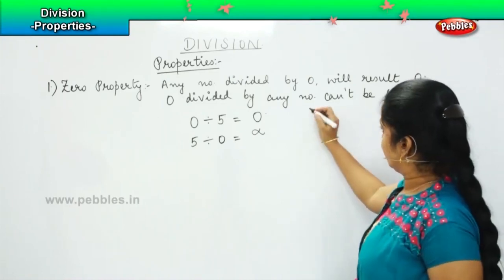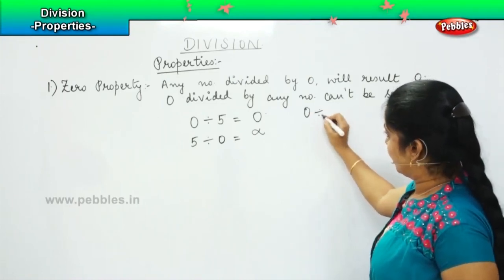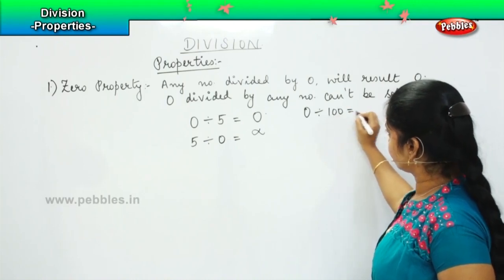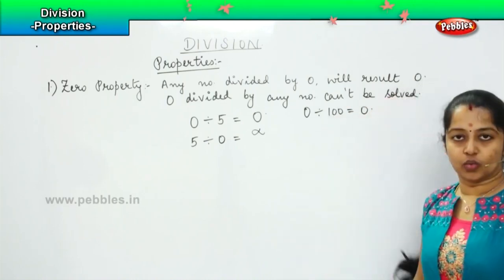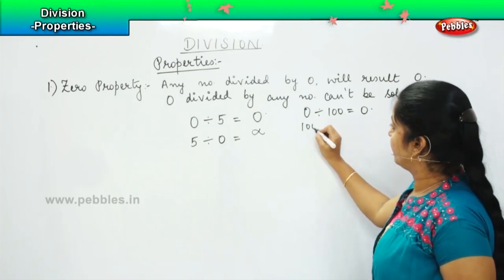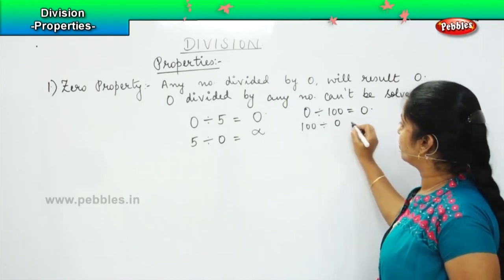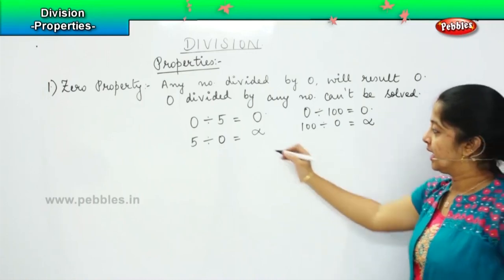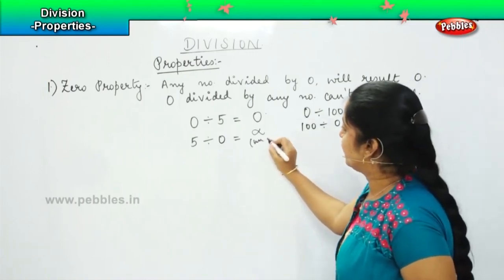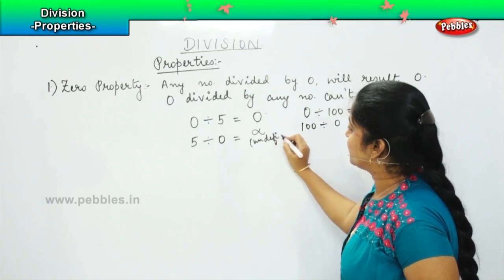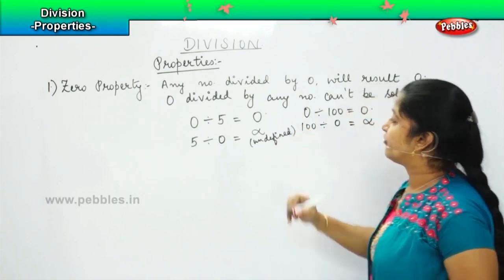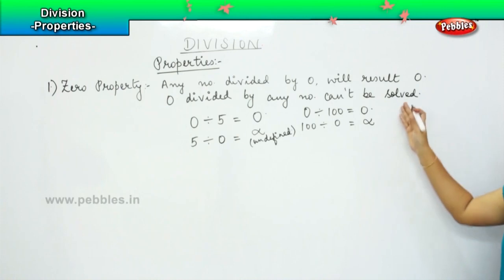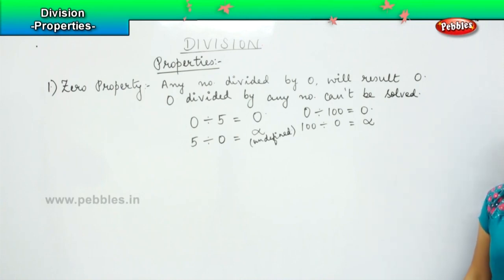Similarly, 0 divided by 100 is 0. 100 divided by 0 will be undefined. Okay. This symbol means it is undefined, which means that it is not possible for you to divide the sum. The answer cannot be solved.